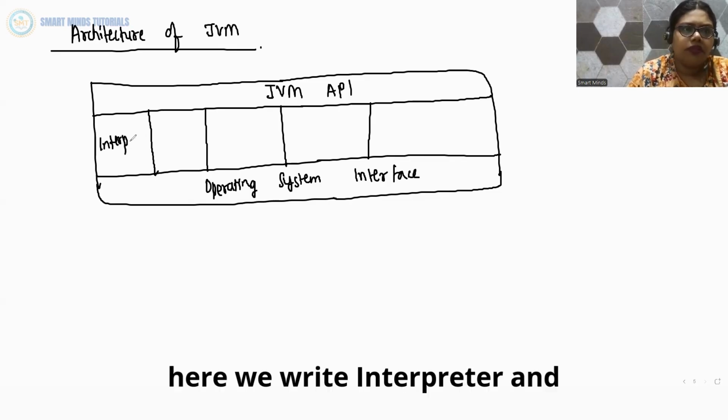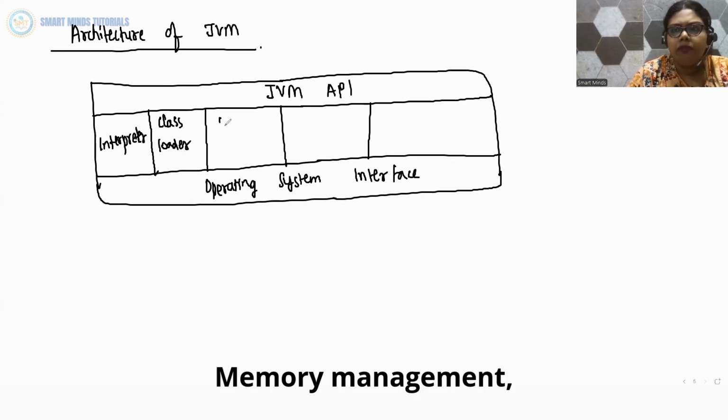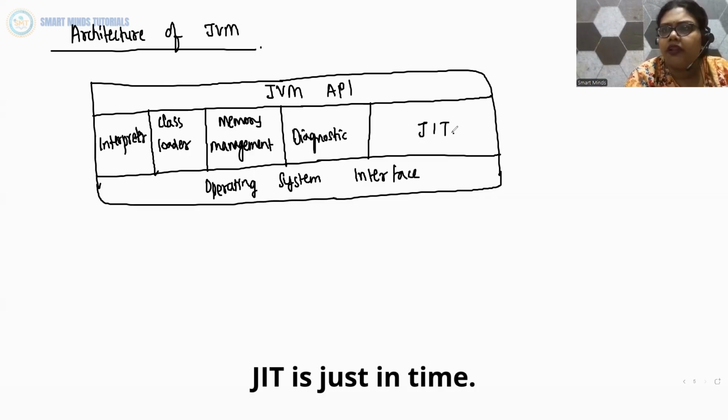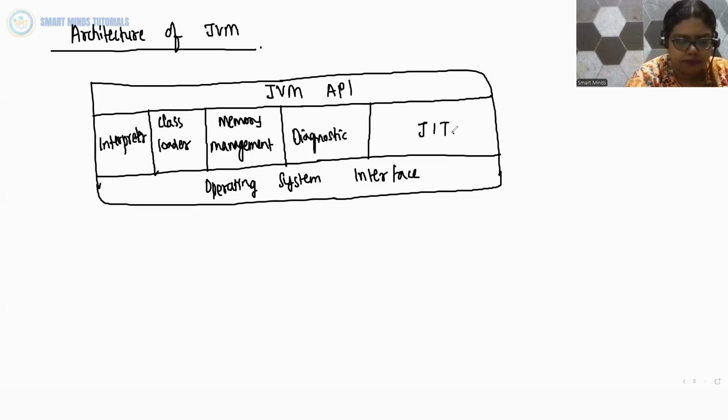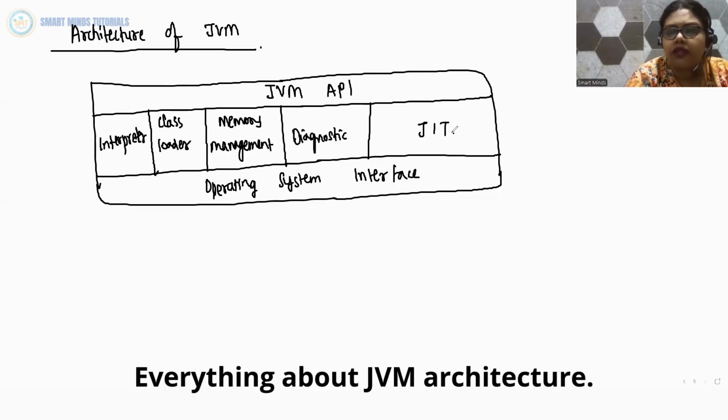Here we write interpreter and here class loader, memory management, diagnostic, JIT. JIT is just in time. So now I will explain everything about JVM architecture.